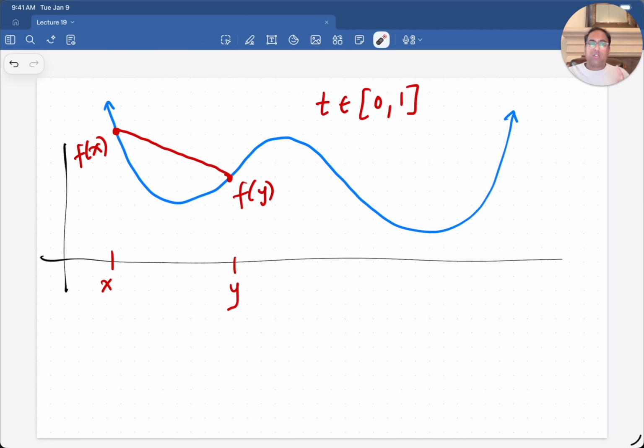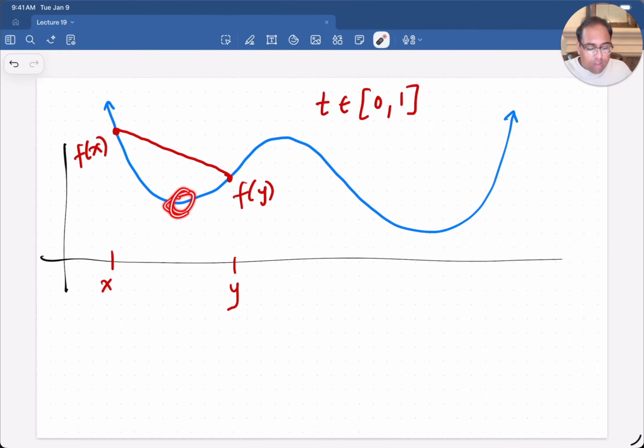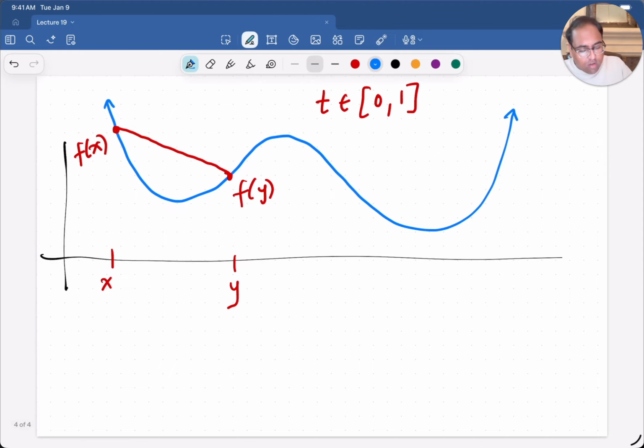Okay? First, I'm going to try and describe this line, and then I'm going to try and describe the condition where for any of those t's, the place we are on the line must be above the corresponding point on the curve. So for example, this point here roughly will correspond to, I don't know, t equals 0.7 or something like that, because we're 70% of the way between x and y.